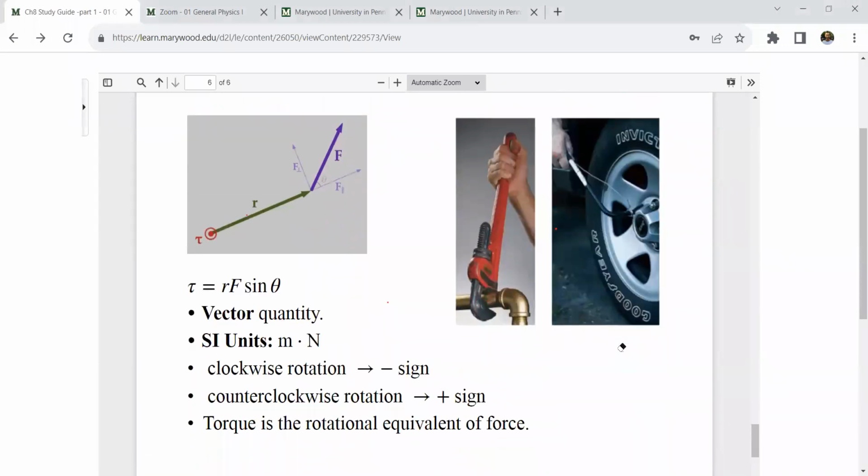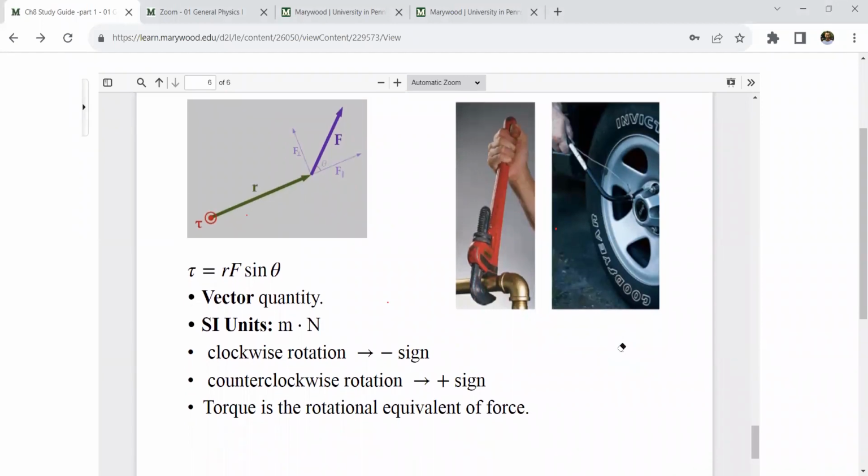For torque we use the symbol tau, a Greek symbol. R is the lever arm, F is the force, and theta is the angle between the lever arm and force. Torque is involved when there is rotation, and it is defined by this equation, tau = R F sine theta.